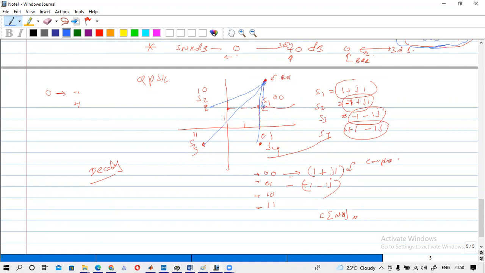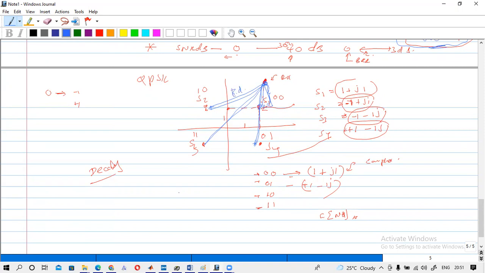How do you check? You have to calculate the Euclidean distance. It is somewhat complex: you have to calculate the distance from the received symbol to each of the symbols.